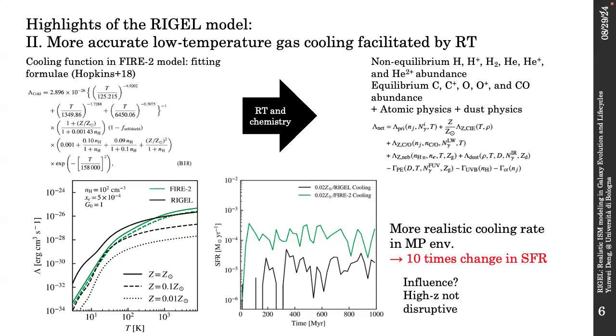Yeah, for the burstiness, I want to say that for the isolated galaxy it's hard to quantify, because in the isolated galaxies you can see the star formation rate is overall very steady, even though they have some ups and downs, but the mean value is very steady.